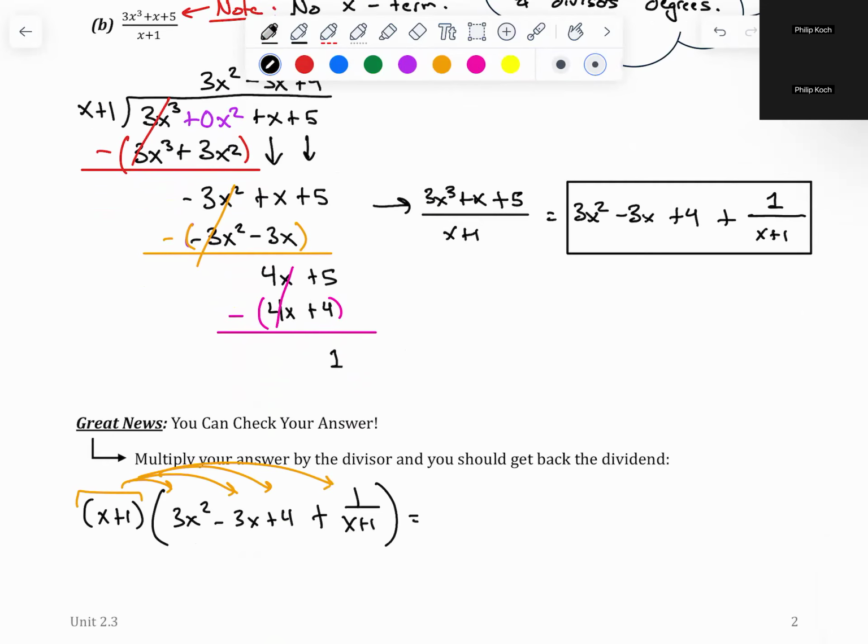I'm going to get 3x cubed plus 3x squared minus 3x squared minus 3x plus 4x plus 4 plus 1.